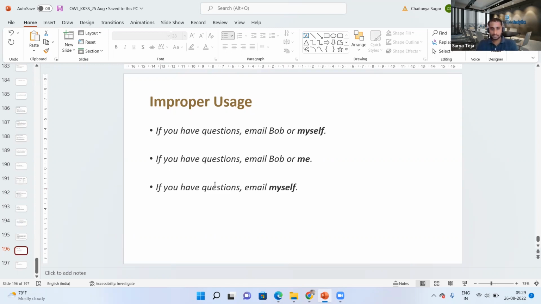So this one is also wrong. So that is the case with these three sentences. So the only primary rule, the most important rule, is subject and object, if they are referring to the same verb, then we can use reflexive pronoun. If not, we cannot. So that is the only rule which makes it easy actually for the reflexive pronoun topic.